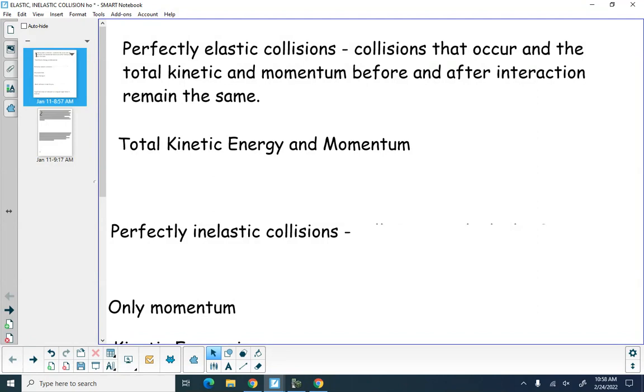A golf ball bouncing off the ground is not quite perfectly elastic, but it's a good example of a close to elastic collision. If I take a look at the spring-loaded carts here, your momentum and kinetic energy prior to interaction will be your momentum and kinetic energy after interaction.